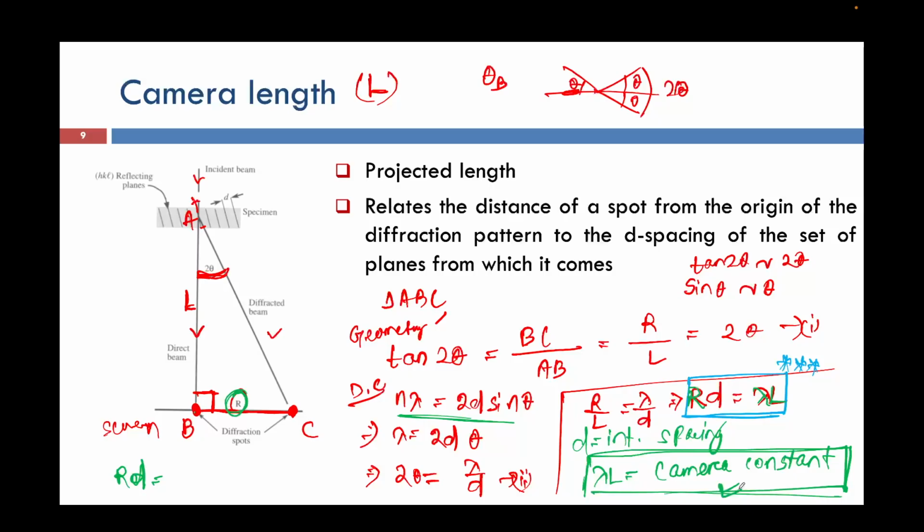Once I know this constant, and I know the distance d associated with my material, I can calculate the distance at which my diffraction spots will be formed in my diffraction pattern, right? So always remember, Rd is equal to lambda L, and what each notation signifies.